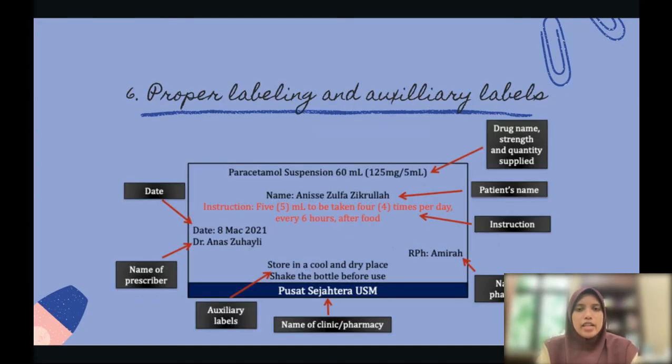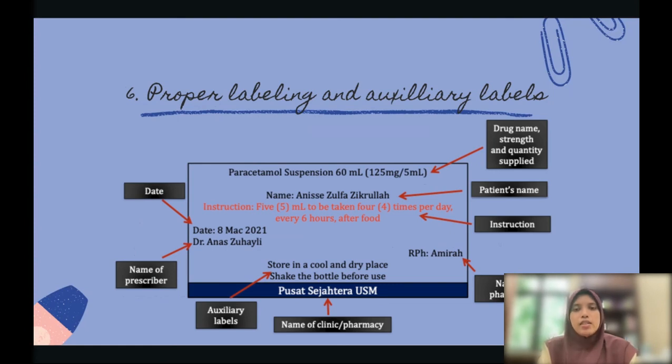So, proper labeling and auxiliary labels. So these are examples of labels. Based on the law that we have, putting the name of the prescriber and the name of the pharmacist on the label is not mandatory, but the other items have to be present on the label.